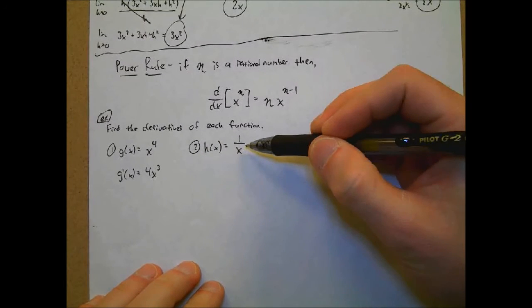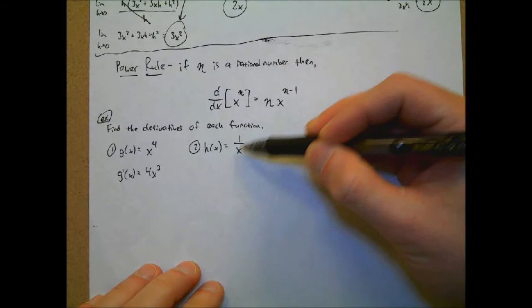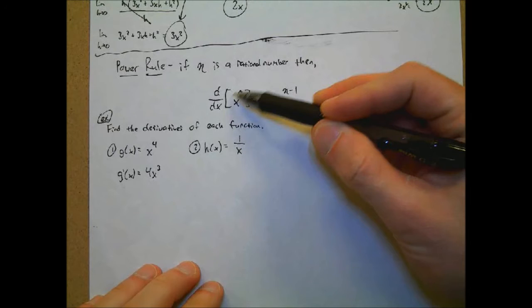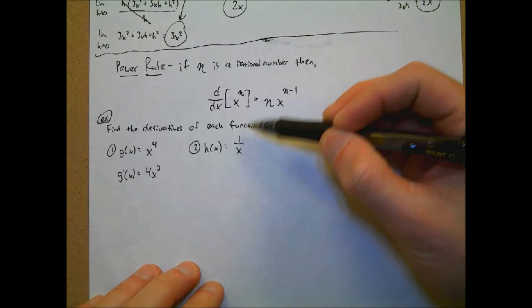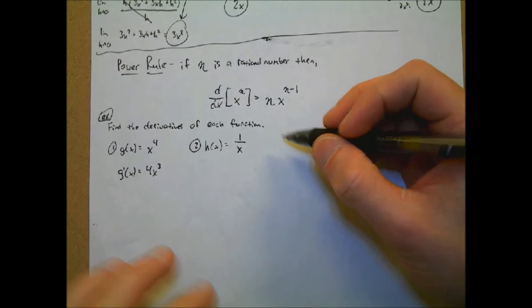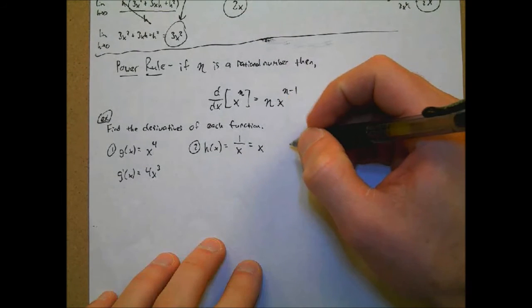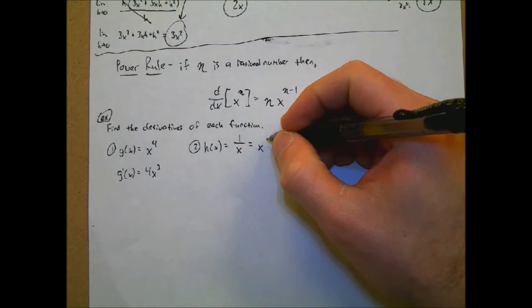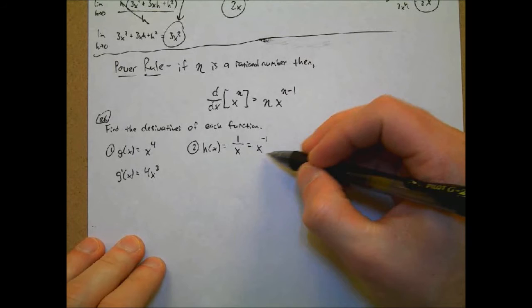So first of all, is 1 over x in the appropriate format here for the power rule? How do we need to rewrite 1 over x so that it is in this format? It's the same as x to what power? Negative 1 power. That's right. Now that we have it in the correct format, we can take its derivative using the power rule.